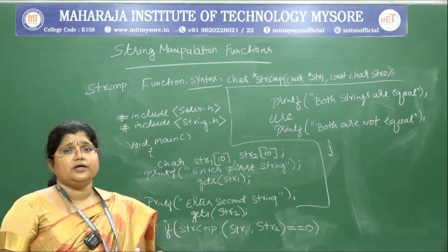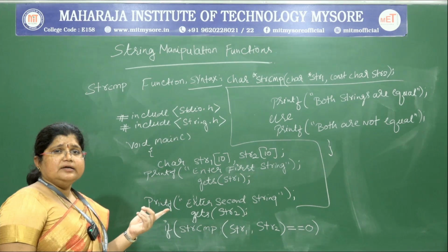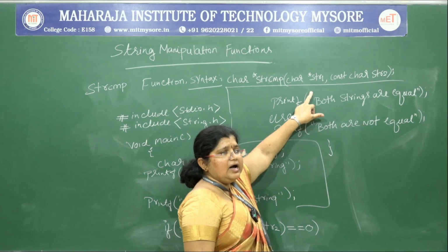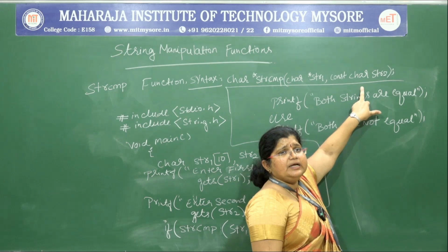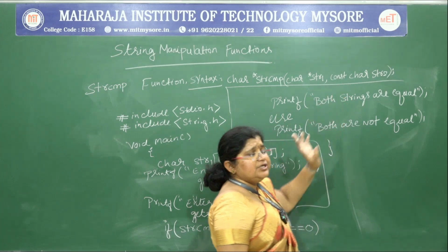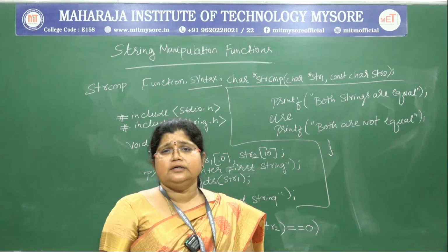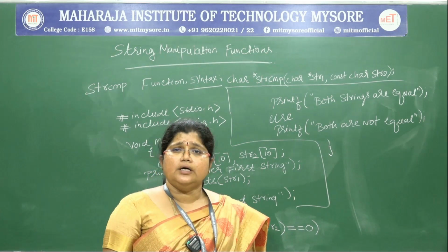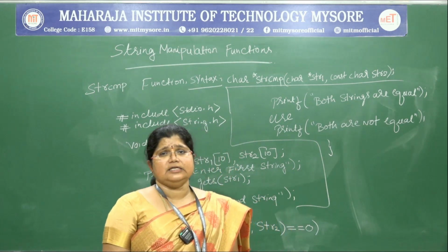So here the compare operation takes place between the string pointed to by str1 and the other string pointed to by str2. If both are the same, the output is equal to 0. If not, the output is either less than or greater than 0.